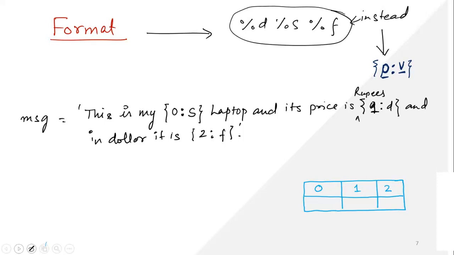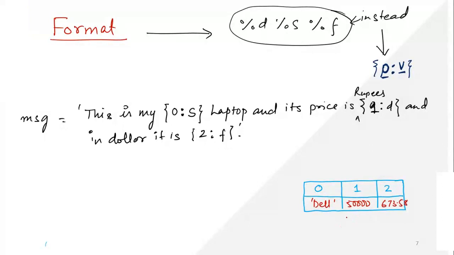Let's say at position 0 I want the brand name, which is Dell. At position 1, I want rupees, so let's say 50,000. And at position 2, I want dollar, and this value is 673.58.